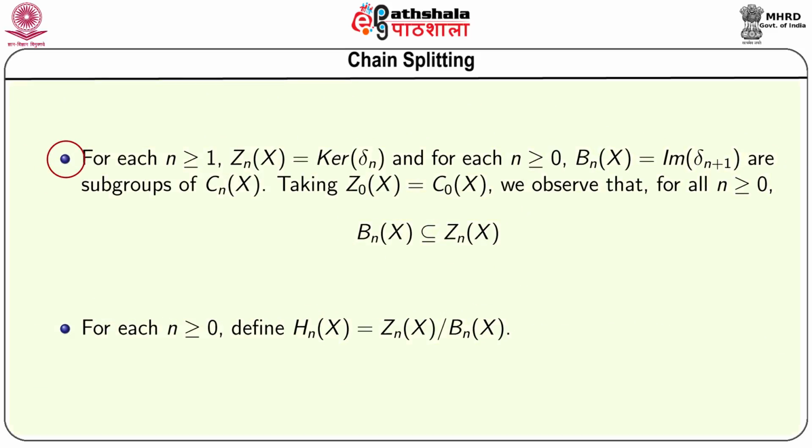For each n greater than or equal to 1, Z_n X stands for the kernel of ∂_n, and B_n X stands for the image of ∂_{n+1}, and we know that these two are subgroups of C_n X. We take Z_0 X as C_0 X, and it can be observed that B_n X is a subset of Z_n X for all n greater than or equal to 0.